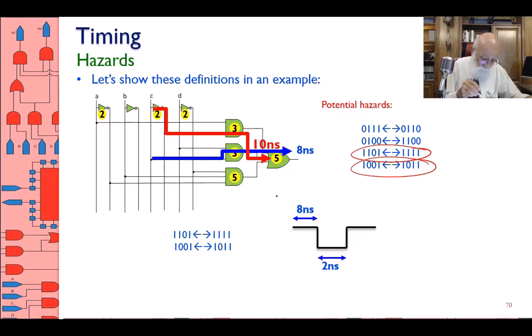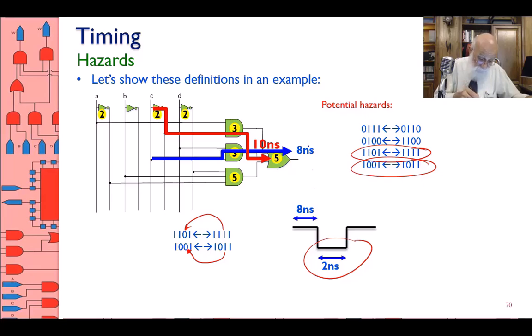Okay, and therefore when you change from the shorter to the longer, that means ABC this direction or ABC this direction, or C changes from 1 to 0, you get a hazard, and the duration of the hazard is 10 minus 8, and that again is not an electrical hazard because it gets absorbed in the output delay.